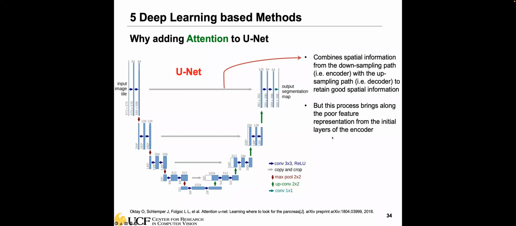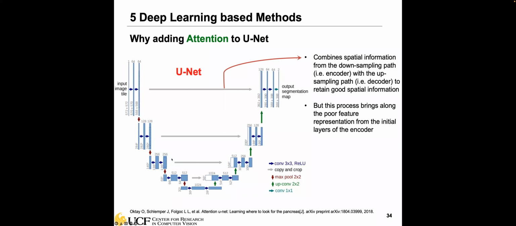But this process brings along some poor feature representation from the initial layers. Although the initial layer is able to retain somewhat better spatial information, the quality of the features is not very high because this is just an initial layer.